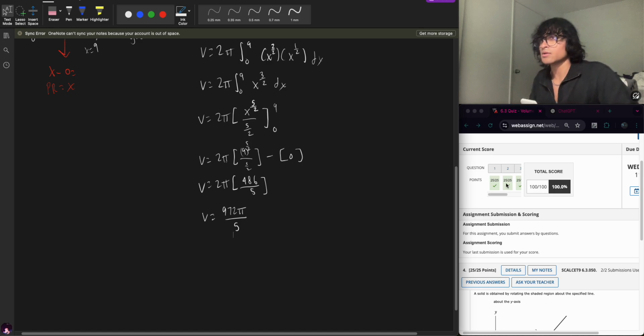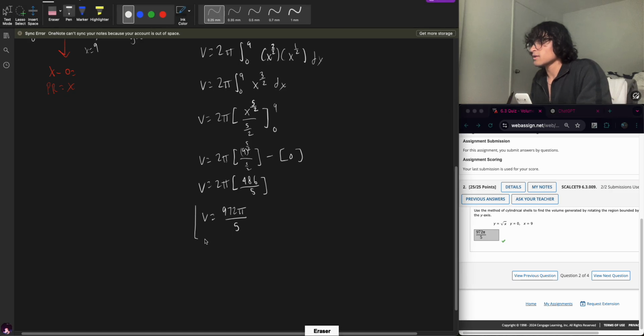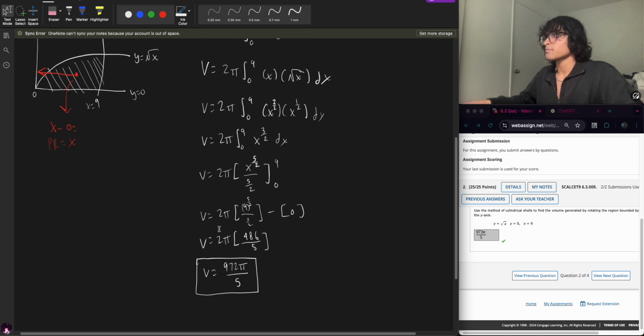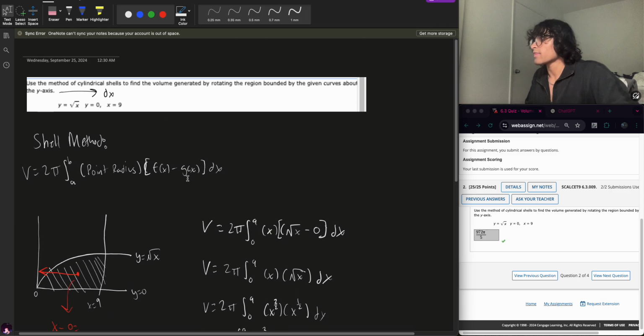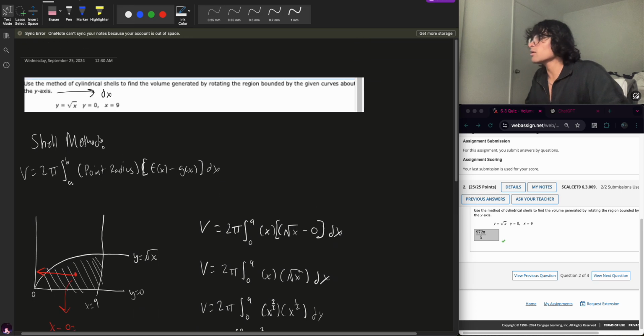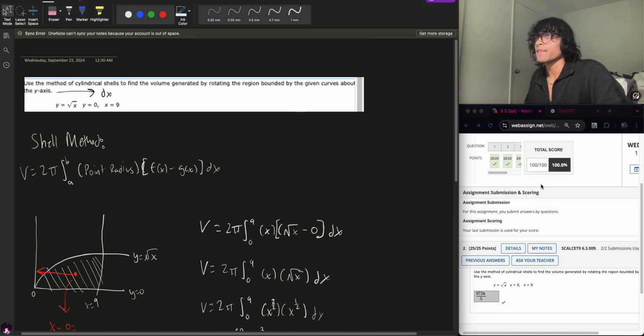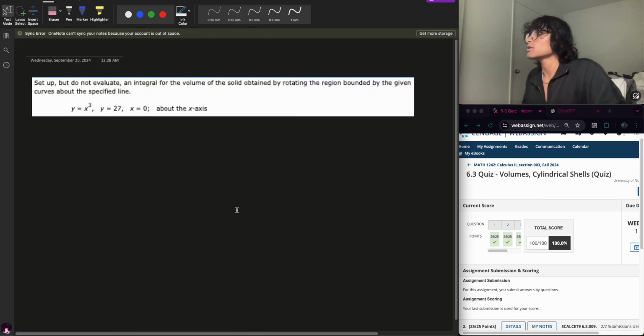I hope I'm right. Yep, that is our final answer, 972 pi over 5. So that was the solution for this problem using the shell method. We have one more problem. If I get lucky, then I might get it, and that would be kind of cool.